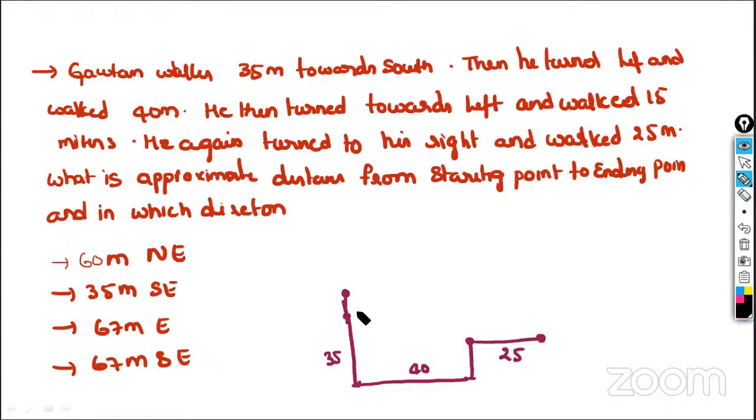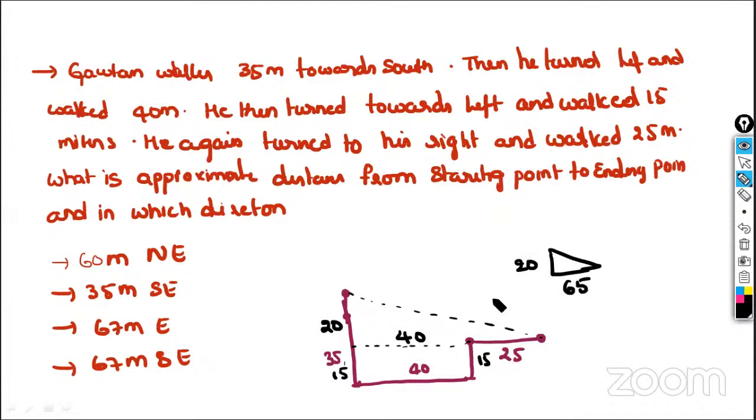Okay. So the shortest distance is now this. Right. So I have to take a right angle triangle. This one I already know is 40. Here, how much is 15? Right. So this is the total 35. I already know that this part is 15 and this part is 20. On the right angle triangle, one side is 20, another side is 40 plus 25, how much? 65.